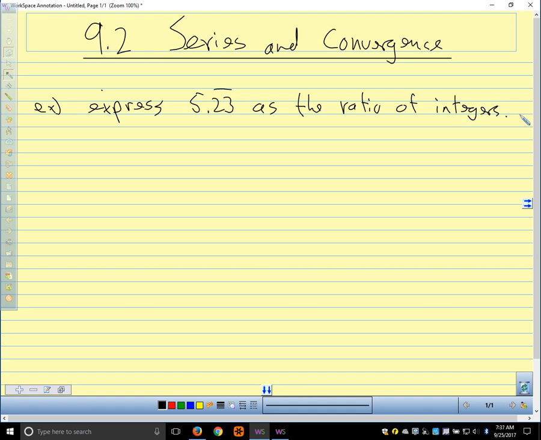This is a rational number, so let's take it and write it as a ratio of integers. Any ideas what we would do?